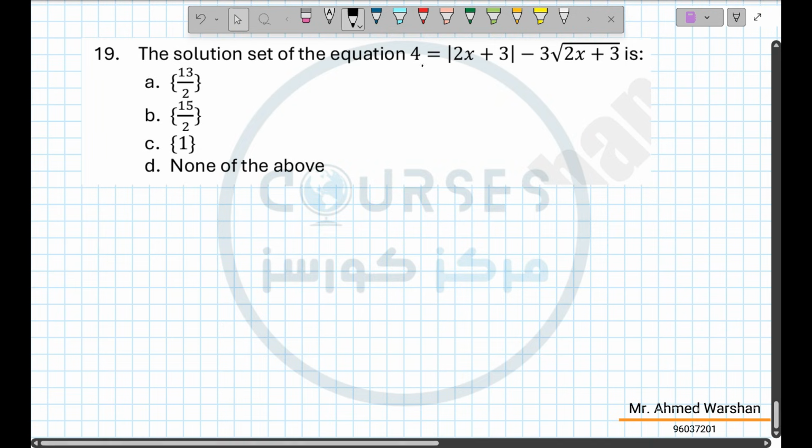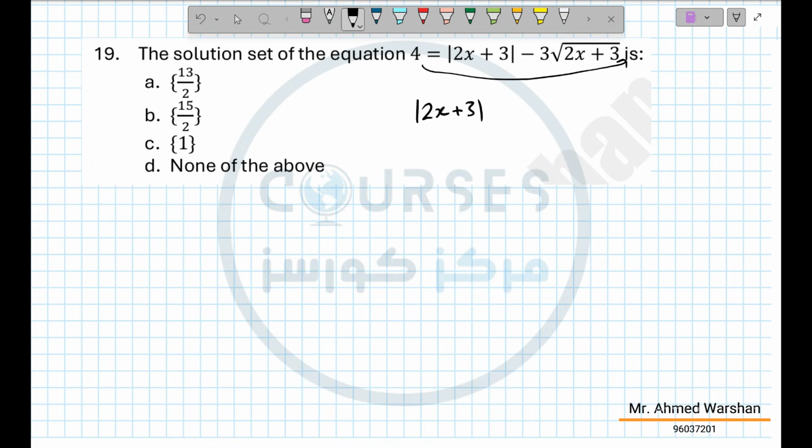How so? Let's move this 4 here. So we have absolute value of 2x plus 3 minus 3 square root of 2x plus 3 minus 4, and this is supposed to be equal to 0. Okay, let's return the absolute value to its normal state.